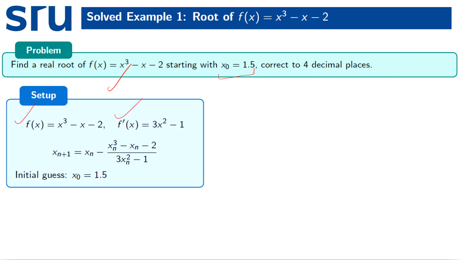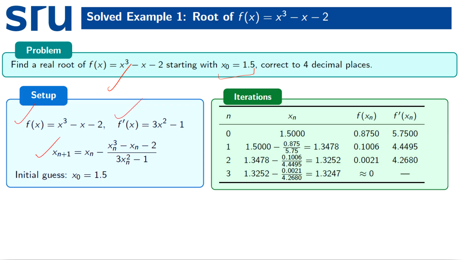Now we can write the Newton-Raphson formula: x_{n+1} = x_n − the function's value upon its derivative's value. So you can see the formula and the initial guess x_0 = 1.5. Now let us calculate the iterations step by step.